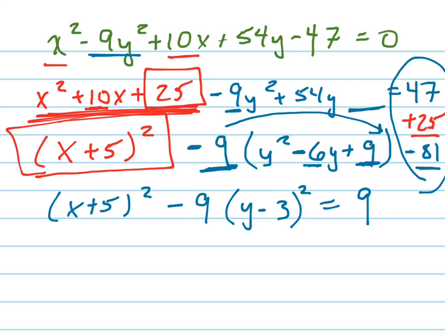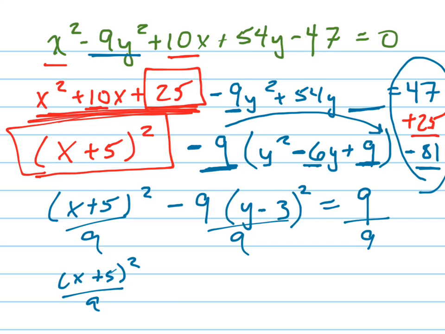And then they teach you to divide both sides by 9. So divide all the terms by 9, and you're going to get x plus 5 squared over 9 minus y minus 3 squared equals 1.